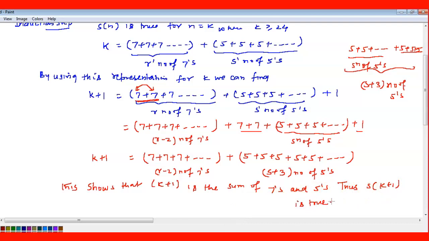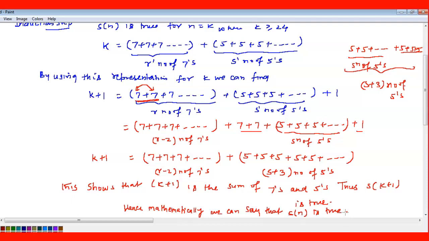Okay, so this was the proof only. Hence we can write mathematically. Hence mathematically we can say that S of n is true.